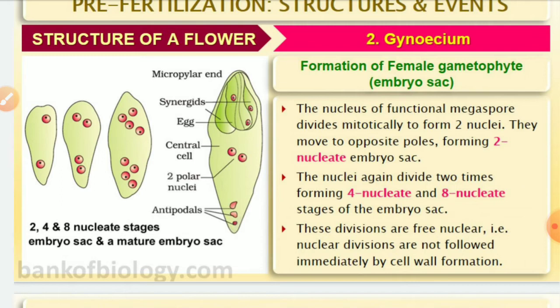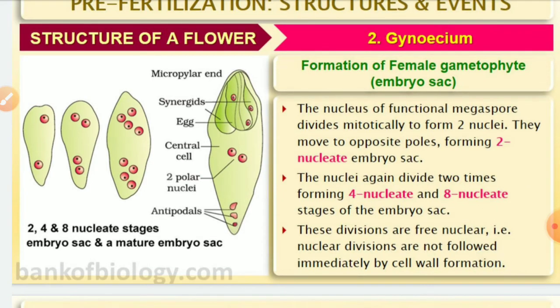Now the nucleus of the functional megaspore divides mitotically, to form two nuclei. They move to opposite poles, forming a two nucleate embryo sac. You can see in the first diagram, it is a two nucleate embryo sac. After that, it will become four nucleate, and these four will divide mitotically and form the eight nucleate stage.